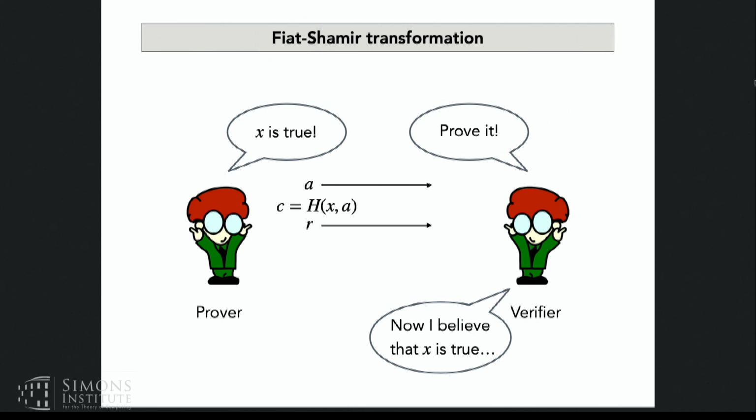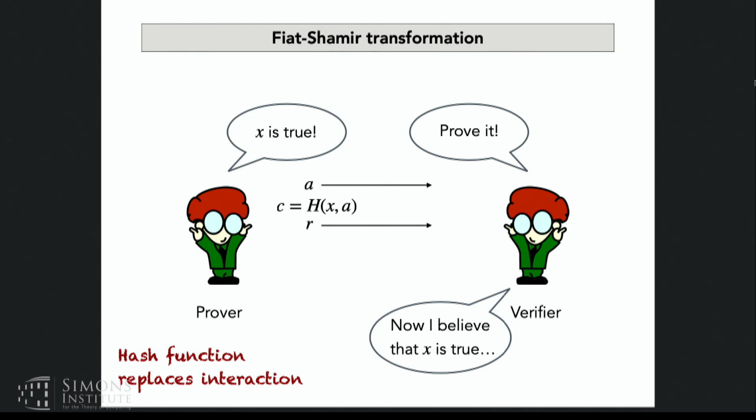Why does this work? Why is this a meaningful transformation? The hash function replaces the interaction as an enforcer of time order. The reason we need to do this interactively is that we need to force the prover to first commit to sending some message A, and afterwards we provide him with a random challenge, as if we are the verifier.